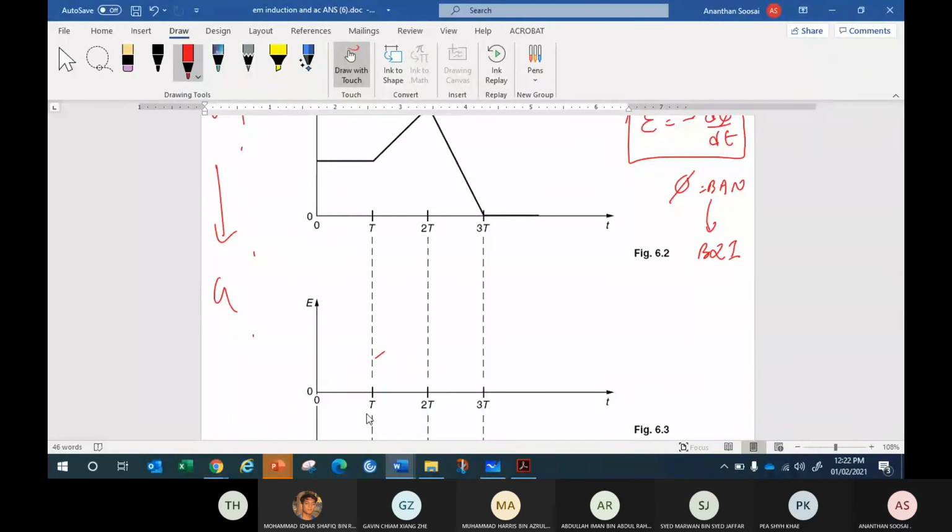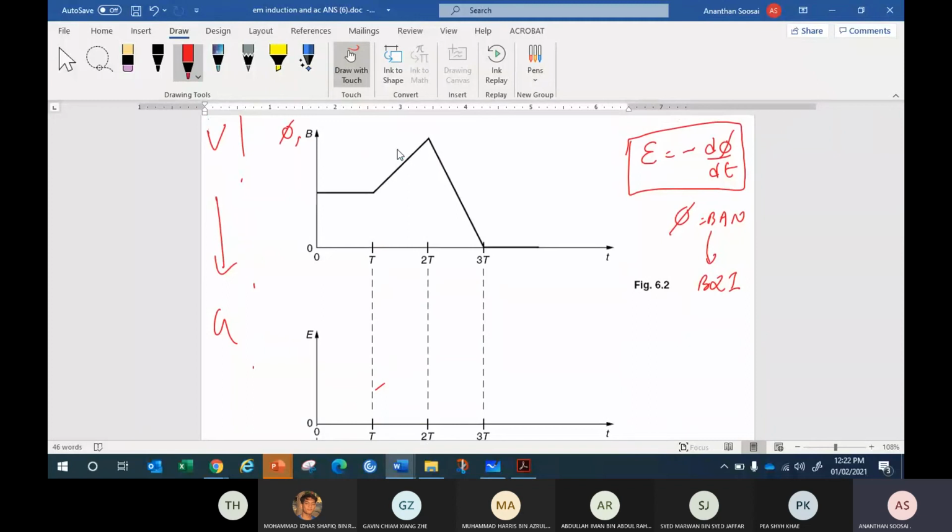So if this is the velocity graph, okay, good. Some of you got it there. So you take it as a velocity graph.